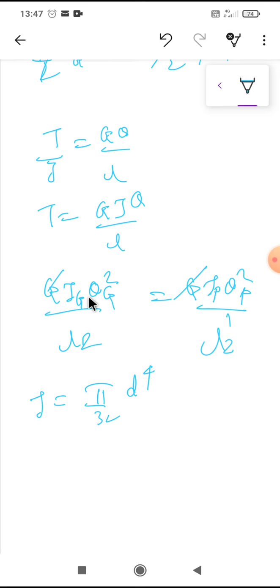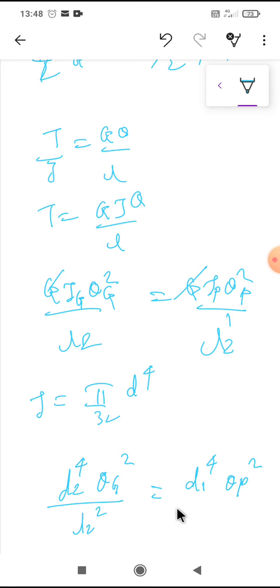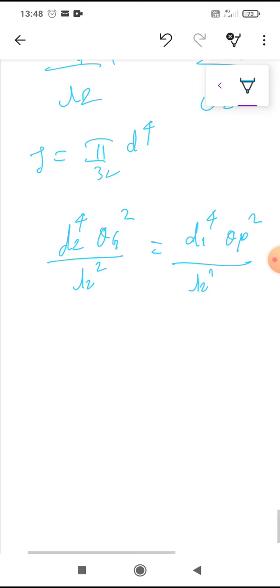So I will put this formula, so pi by 32 will get cancelled, so I'm putting just d to the 4, so instead of J it will be D2 raised to 4 θg square upon L2 square. As we know that we are taking this for the second system only, and here for the equivalent system we will use D1. So D1, the first diameter raised to 4 into θp square upon L2 dash.